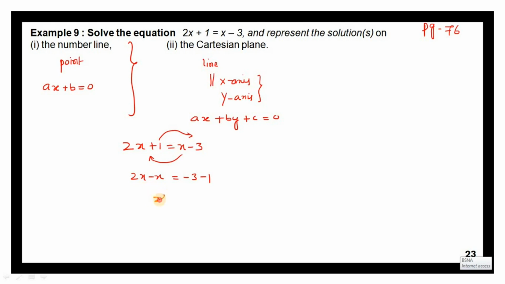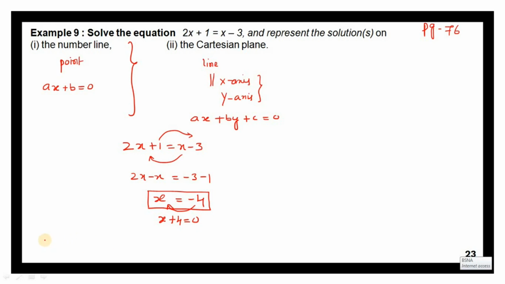So x is equal to minus 4. This is a linear equation in one variable. We can write it this way: x plus 4 is equal to 0.